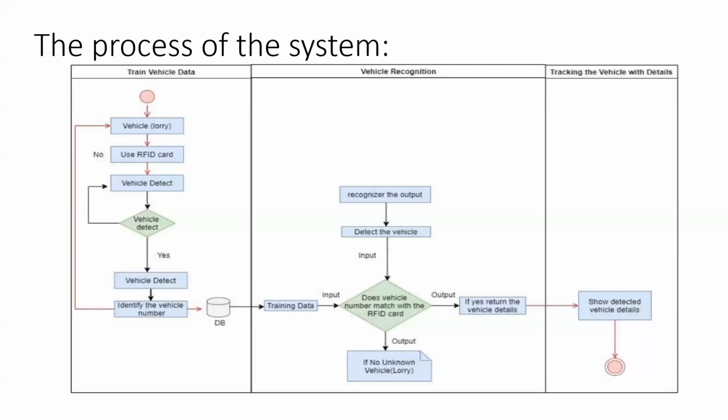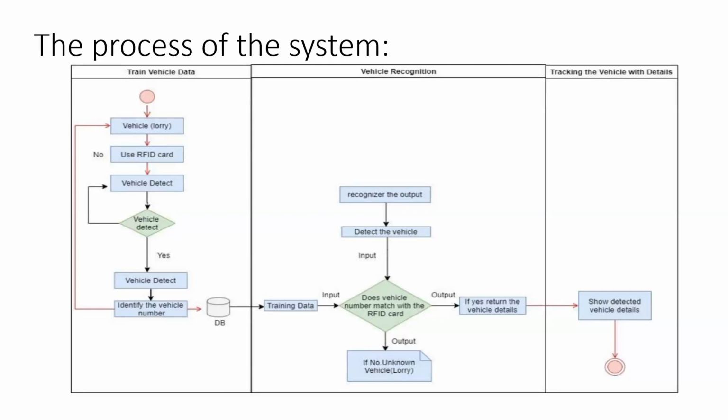Once the sand truck comes into the checkpoint, it provides the RFID to the RFID card reader. Then the RFID card reader detects the UID, and that UID is sent to Firestore. Based on that, the data inside the database, which is provided by the sand truck owners once they log into the system, is checked for whether that UID number is in the database.